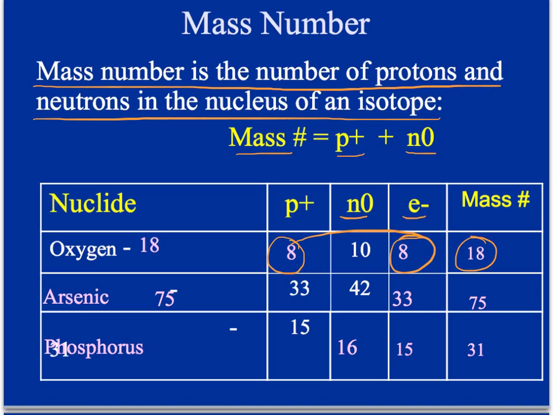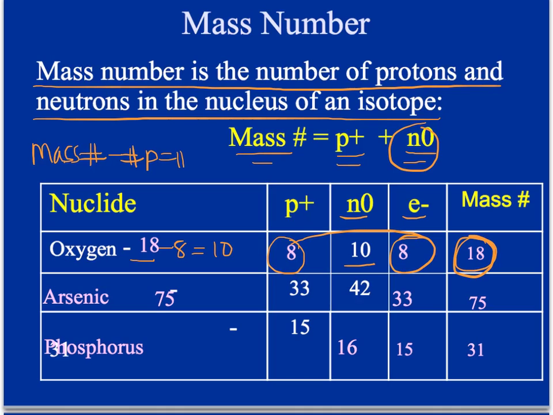Then, to find oxygen's neutrons, we will take the mass number 18, and subtract the number of protons, which is 8, and this gives us 10. Because remember, the mass number is equal to the number of protons plus neutrons, so if I want to find the number of neutrons, I'm just going to take the mass number minus the number of protons, hope you can read my writing here, equals the number of neutrons.